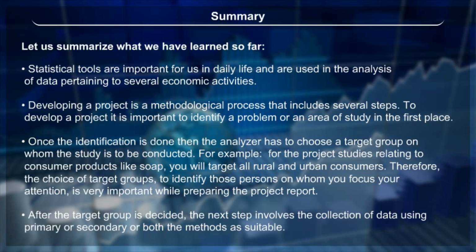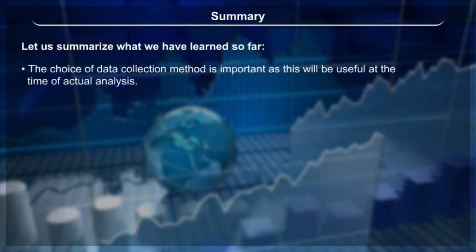After the target group is decided, the next step involves the collection of data using primary or secondary or both the methods as suitable. The choice of data collection method is important as this will be useful at the time of actual analysis.